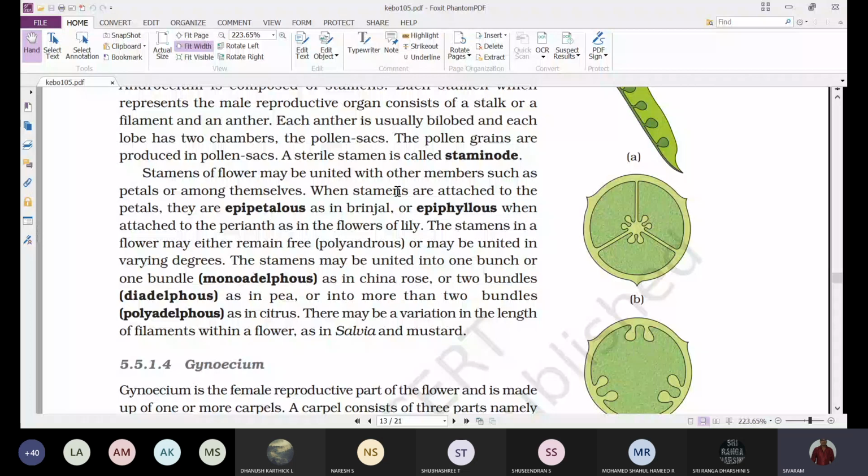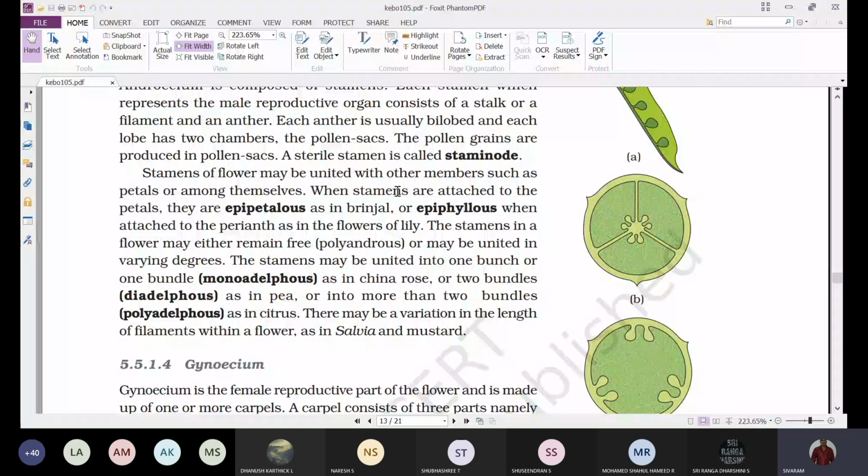In hibiscus the filaments of the stamens are attached with one another and form a single bunch, arranged in the form of a single bundle. Such a phenomenon we call monoadelphous. Mono means single, adelphous means united to form a group. It is observed in case of China rose.